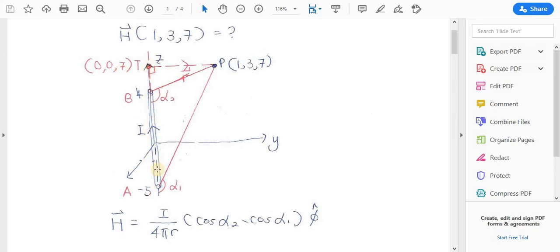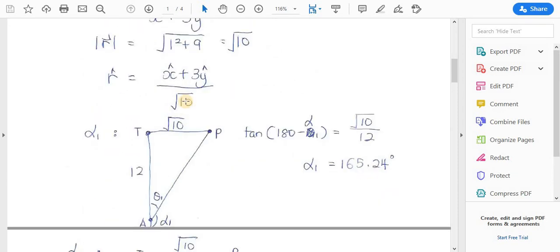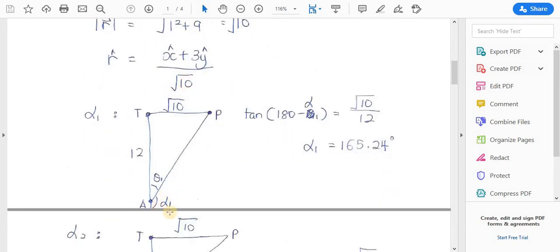This is the big triangle, so this angle can be found by using the tangent, opposite over adjacent. You get alpha 1 equivalent to 165.24.